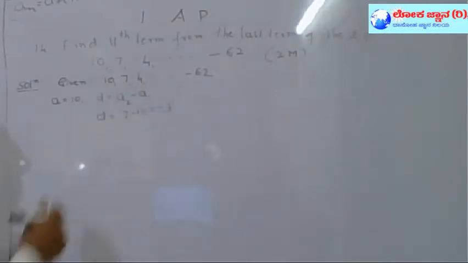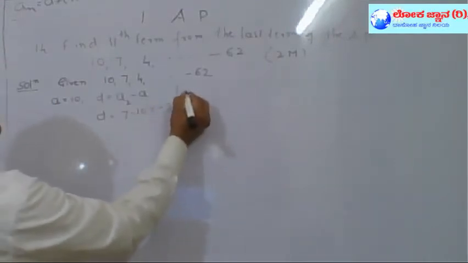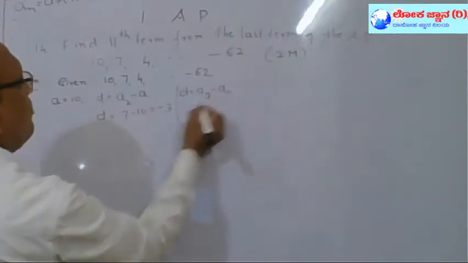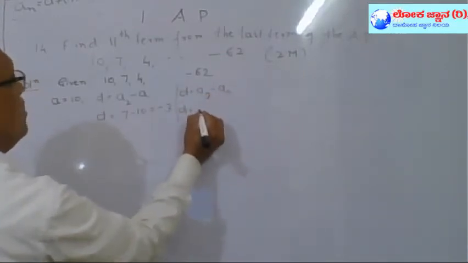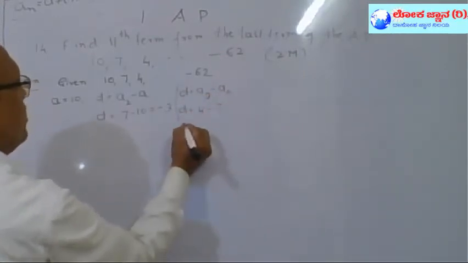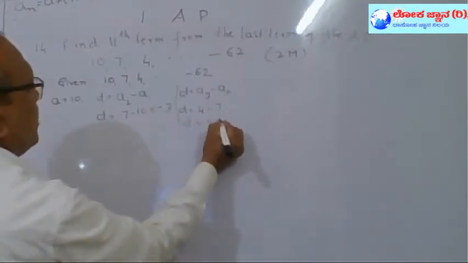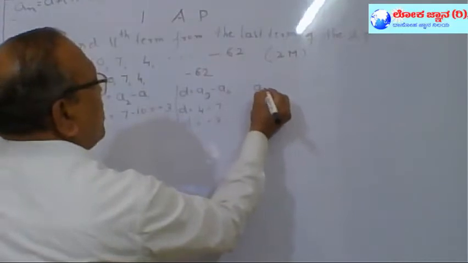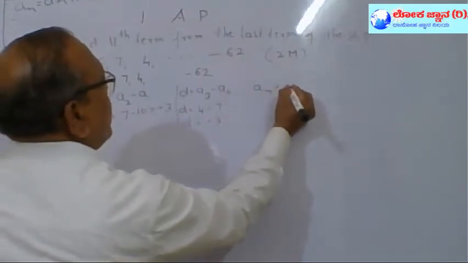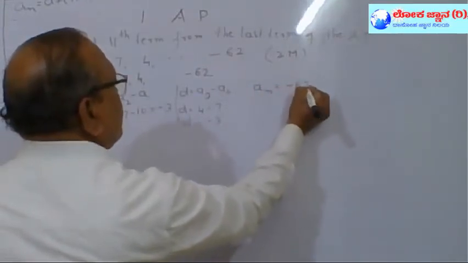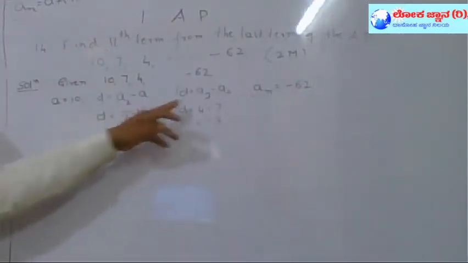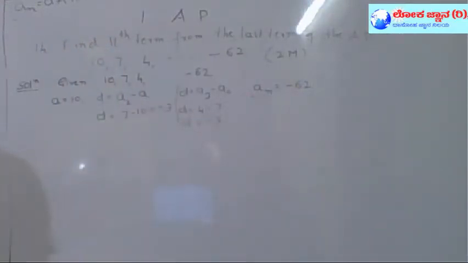Even A3 minus A2, which is 4 minus 7, is also minus 3. D is fixed. Also you are given AN, the last term, as minus 62.